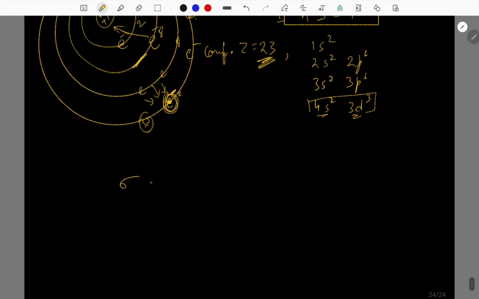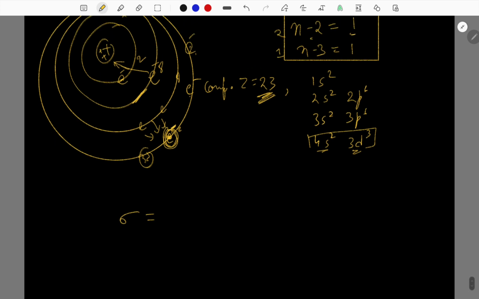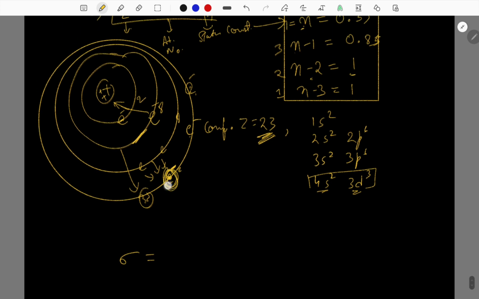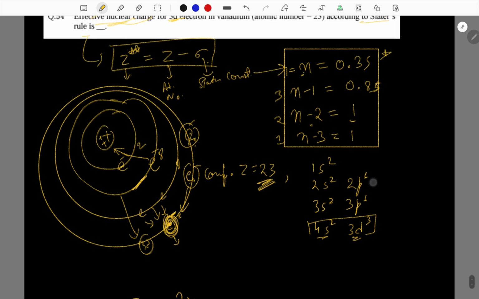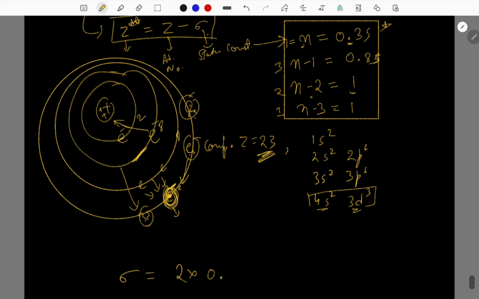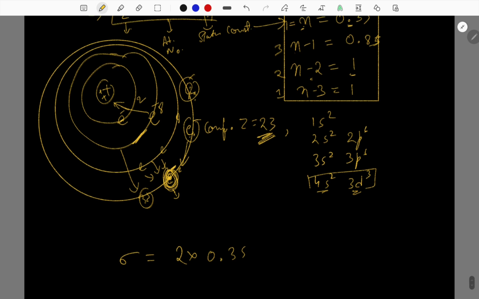For calculating sigma, the effective repulsive force, also called shielding, we have to take into account all the electrons inside which are giving a repulsive force toward this electron. We take this electron into account; it will feel some shielding force from the other 2 electrons in 3d.